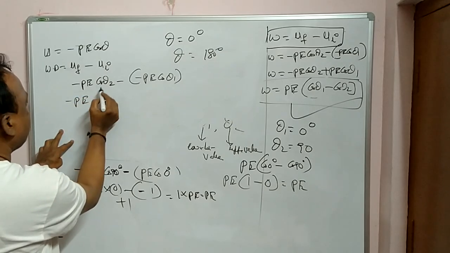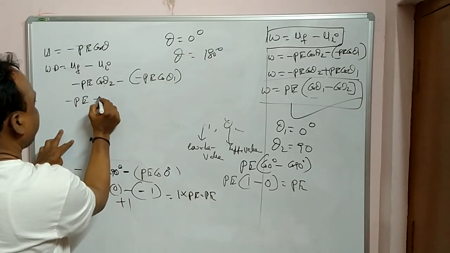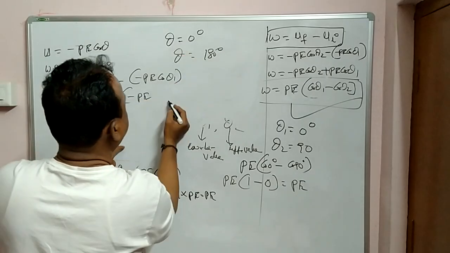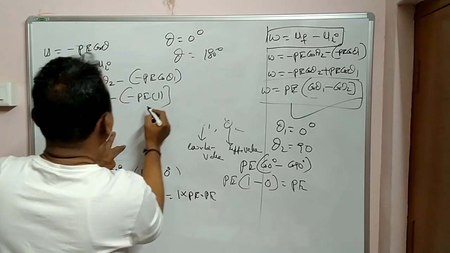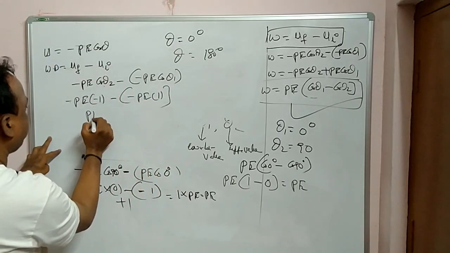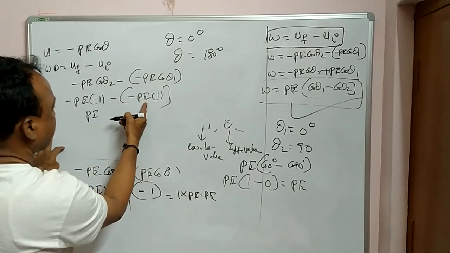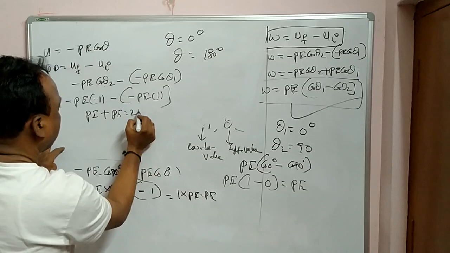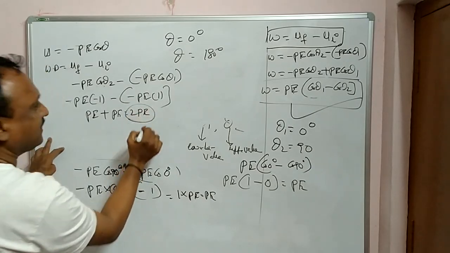Minus PE cos theta 2, cos 180 is minus 1, minus of minus PE cos theta 1, cos 0 is 1. So minus into minus plus PE, and PE, that is 2 PE.